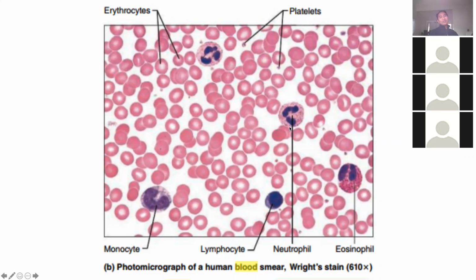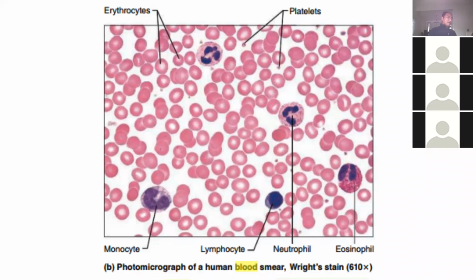It's the most common. Yeah, most numerous, most common of the white blood cells. Brilliant. So this is the most common, most prominent part of the WBC.